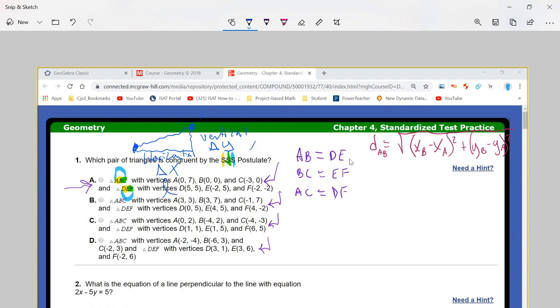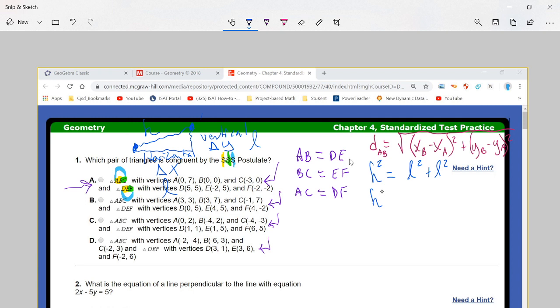This leg here and this leg here, if I square it and I square it, then I can know it's going to be equal to the square of my hypotenuse, right? So to find out this distance here, I just square this leg. Let me write that out. So if I want to know the distance of the hypotenuse, I know that square of that is going to be equal to the square of the leg plus the square of the other leg.